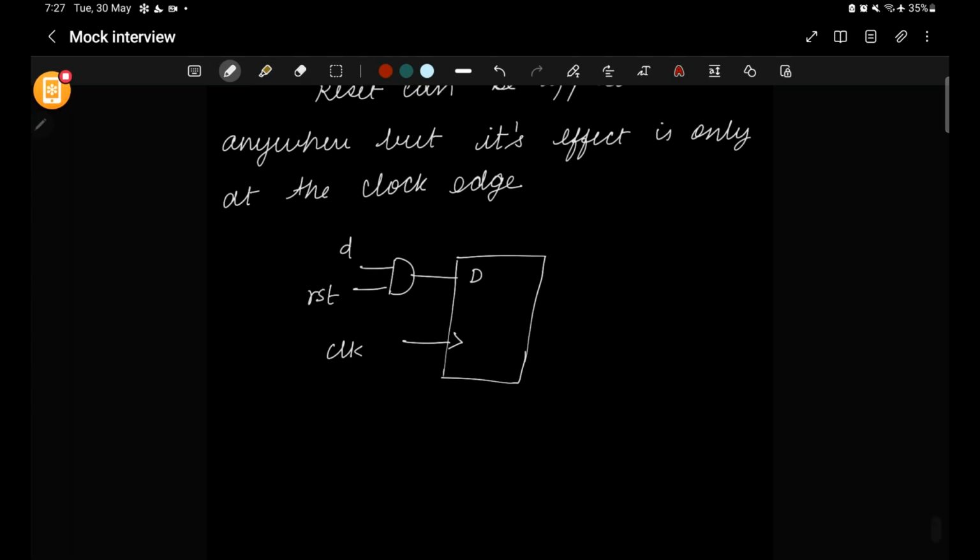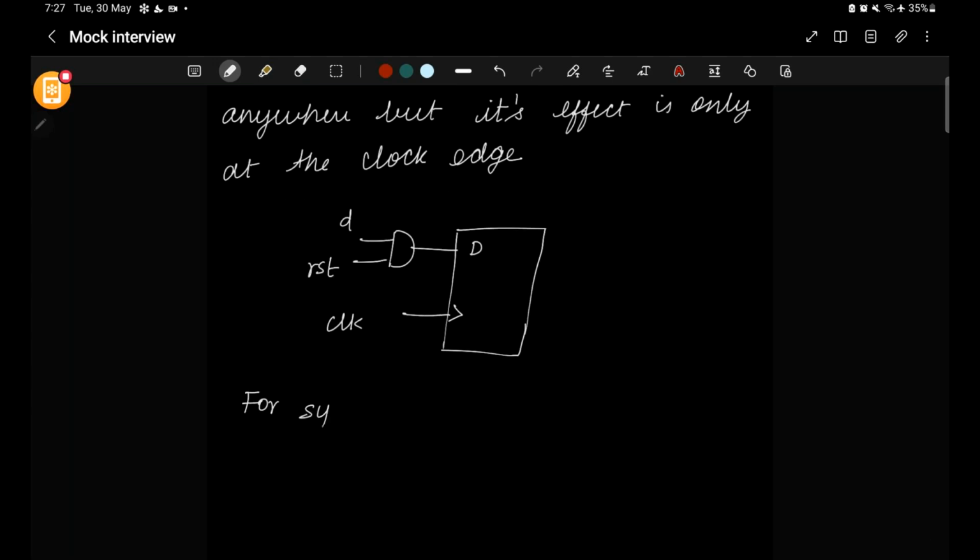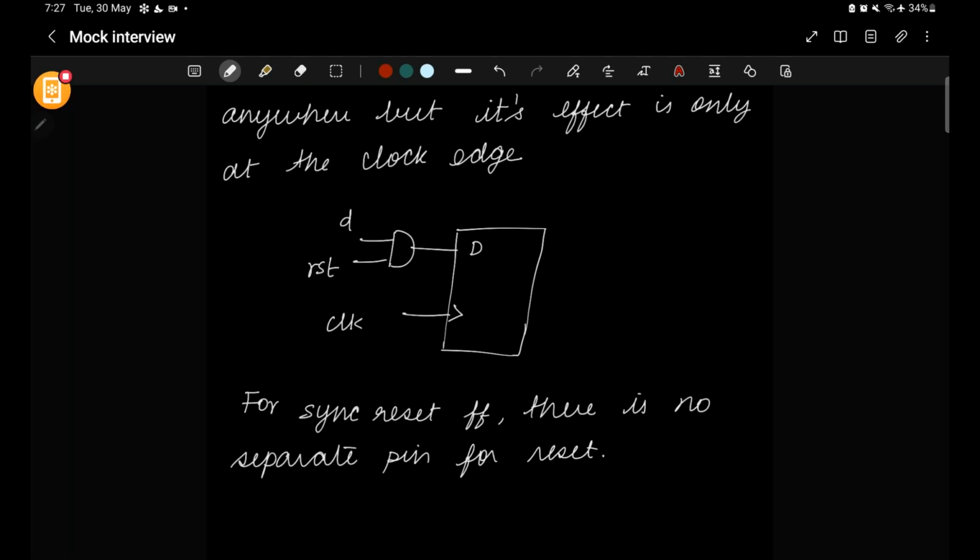For a synchronous reset flop, there is no separate pin for reset. So it will not affect the state of the flop during shift.